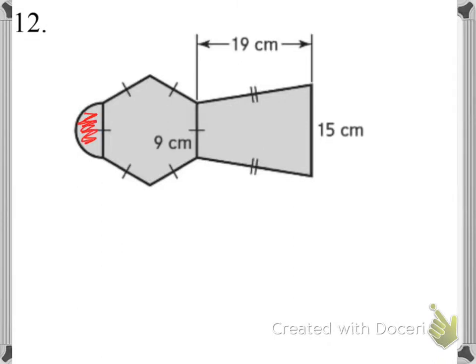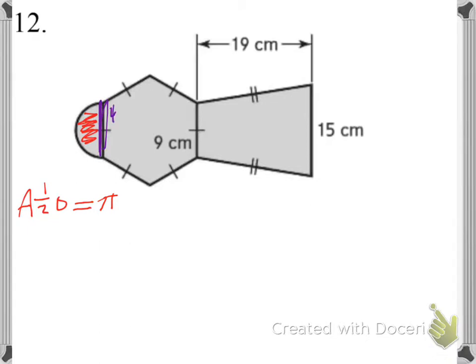So we have a half circle here. So what I'm going to do is get the area of the half circle. I just kind of like to write this out so I can keep things separate. So area of a circle is pi r squared. Okay, and so I'm going to do pi times r. Okay, so let's see what r is. They tell us that these sides are all 9. So the whole side here is 9.